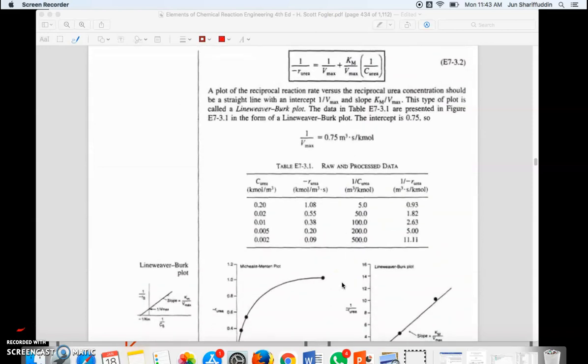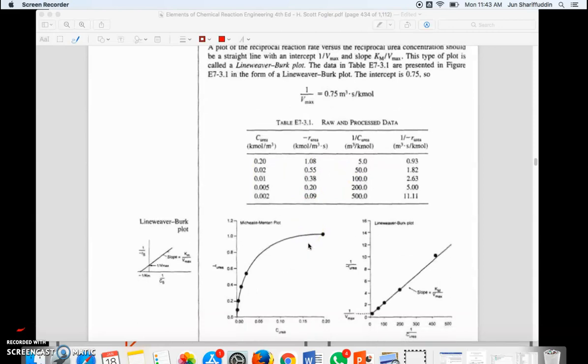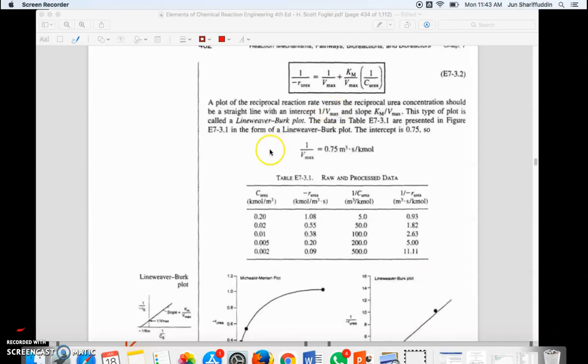Let's have a look at the example. Initially they will give this data: the concentration of urea and the reaction rate of urea. Following Michaelis-Menten, you can plot this graph. But to make it easier to determine your Km and Vmax, you transform it into a linear graph using the Lineweaver-Burk plot. So just convert the equation into Lineweaver-Burk.